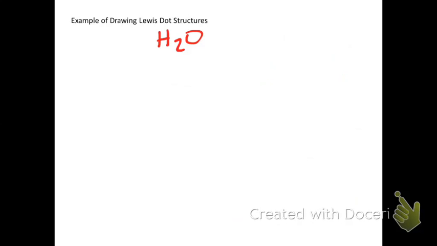So if you look at your periodic table, you will notice that oxygen has exactly 6 valence electrons, and hydrogen has 1 valence electron, but we have 2 of them, so we'll multiply it by 2.